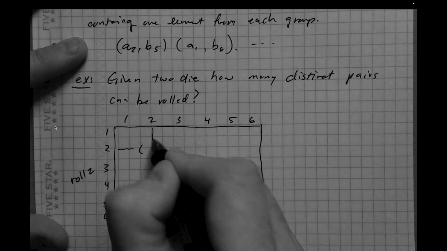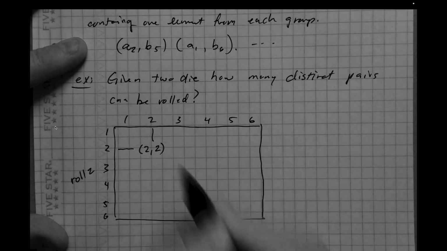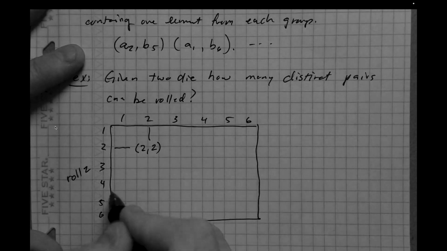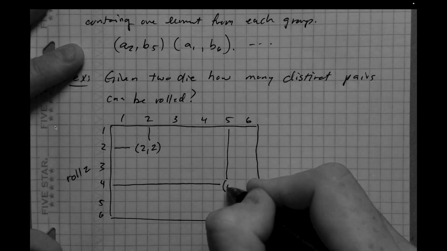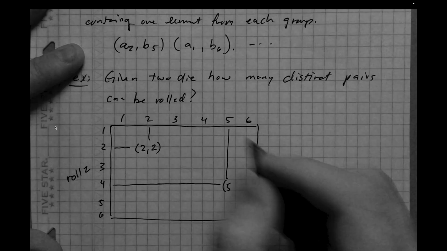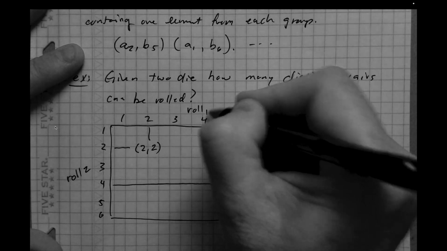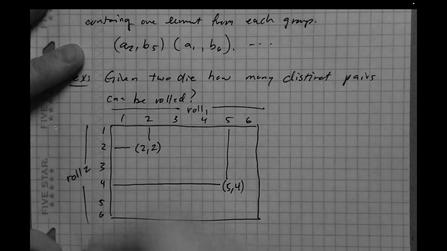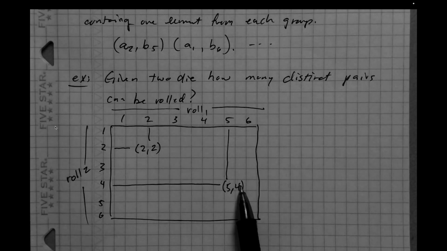For example, one intersection would mean I roll a 2 on the first and a 2 on the second, and another might represent a 5 on the first roll and a 4 on the second roll. If I roll a 5 and a 4, then I've got it captured here.